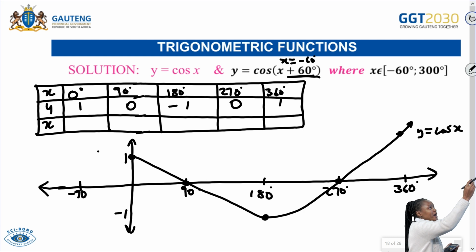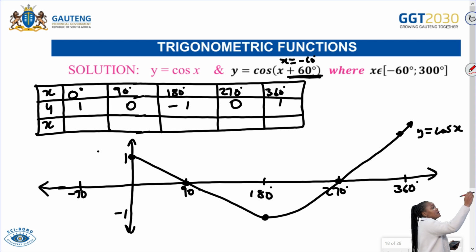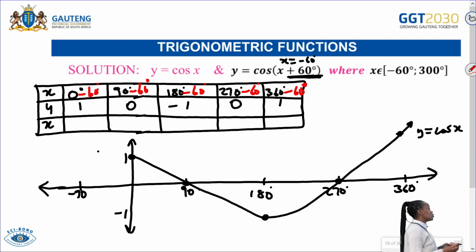So now we are shifting our graph by 60 units horizontally. Okay, so what do you do to your values of x? You will say minus 60 degrees for each of them. Let's find the values of x first.